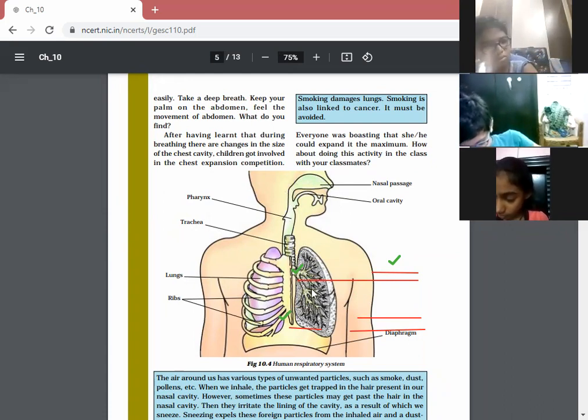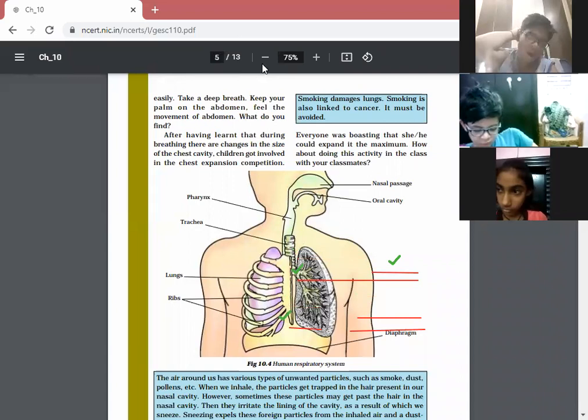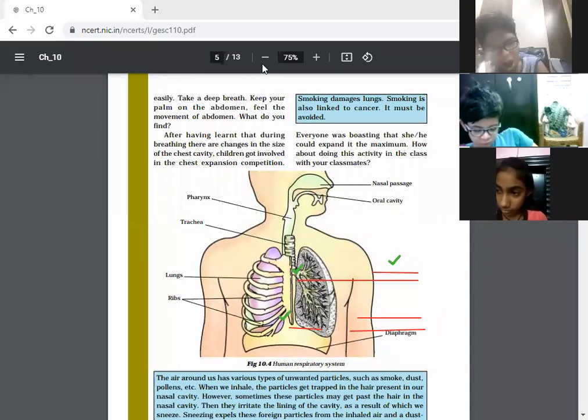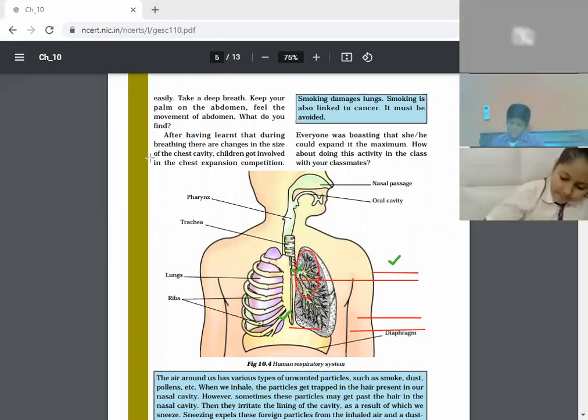Bronchi means it is further divided. And in front of the bronchi, there are bronchioles. And alveoli are there. And what do the alveoli do? There the exchange of gases takes place. This is our respiratory system.